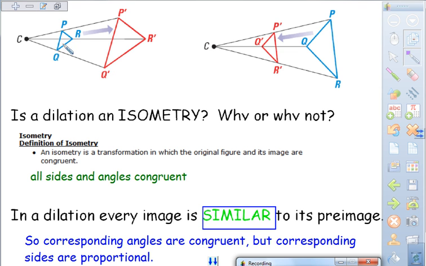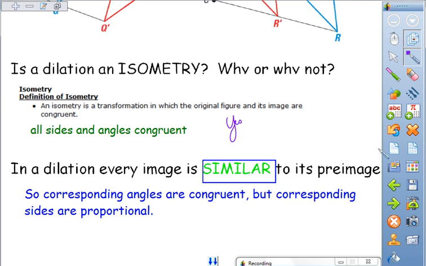So in the first example, we're getting larger, and in the second example, we're getting smaller. Does it look like all side lengths and angle measures are preserved? Yes. And we'll talk more about that later. In a dilation, every image is similar to its pre-image.